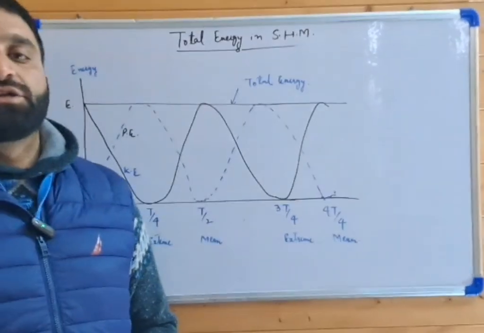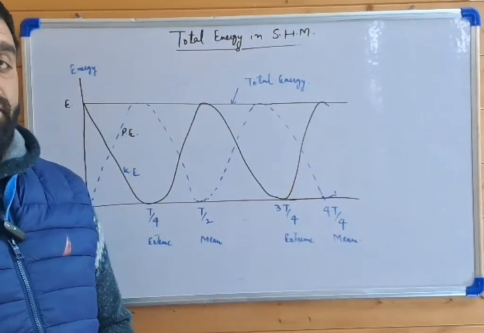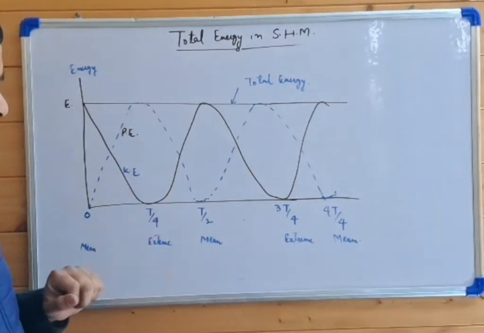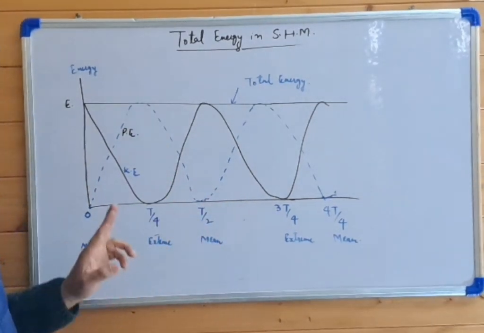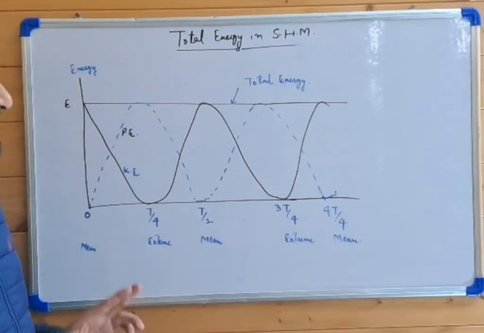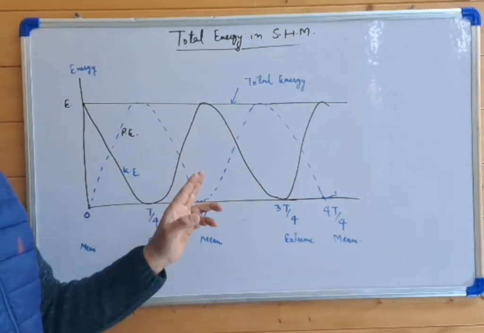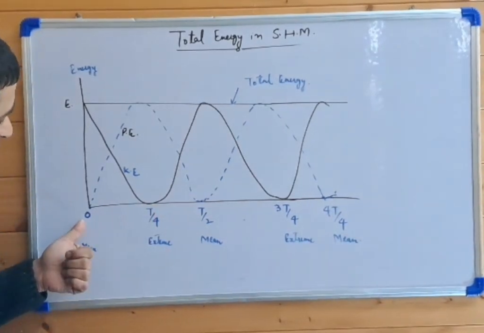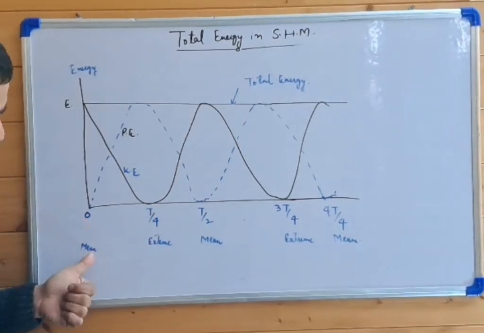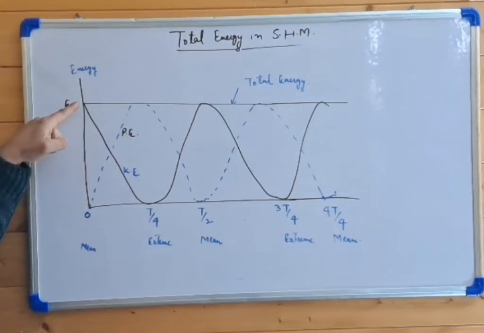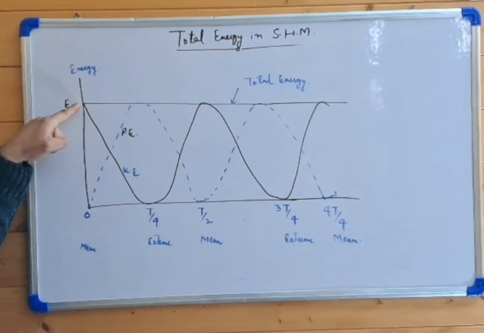Now seeing the variation of potential and kinetic energy with time, a graph is plotted like this. Now we see that the dotted curve shows us the variation of the potential energy, and the solid black curve shows us the variation of the kinetic energy. We can see that at time equal to 0, or at mean position, the total energy of the SHM is equal to the kinetic energy.